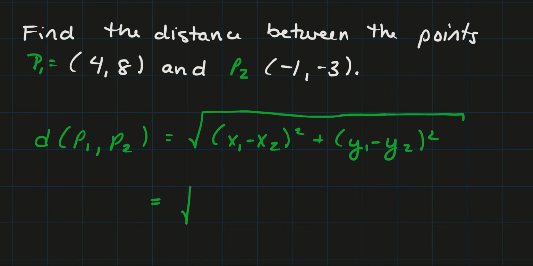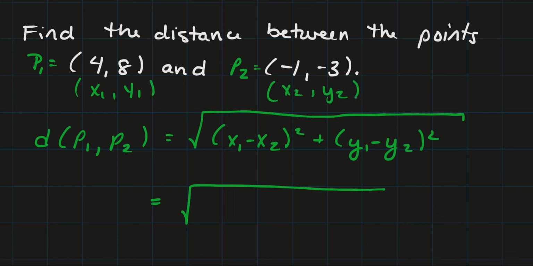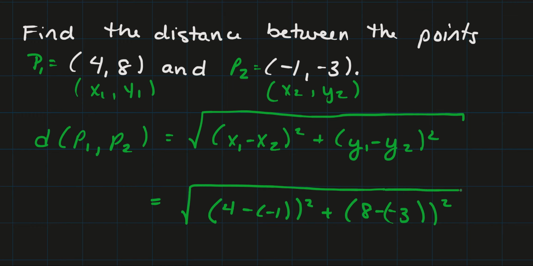So this is the square root. This is x1, this is y1. This is x2, this is y2. So it's going to be 4 minus a -1, squared, plus 8 minus a -3, squared.